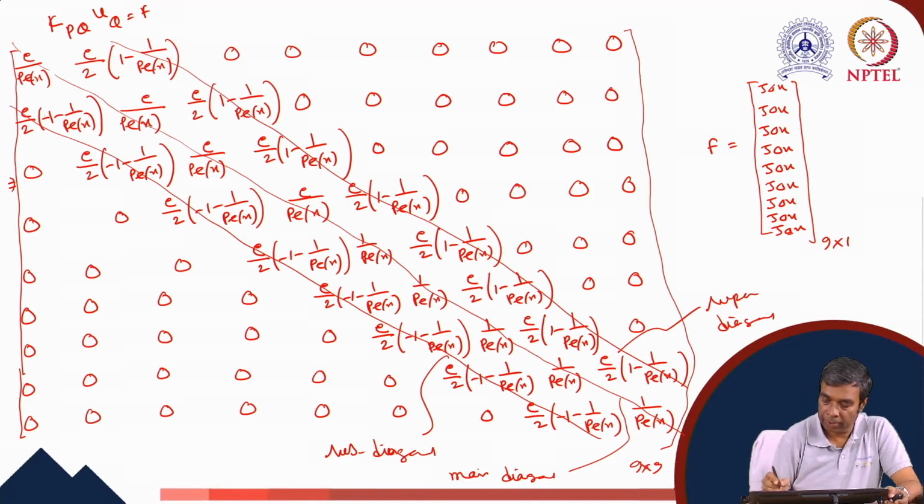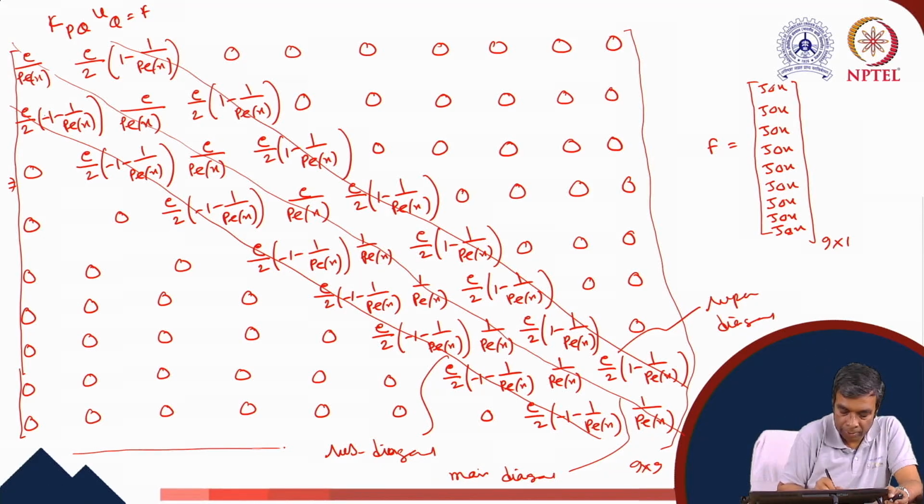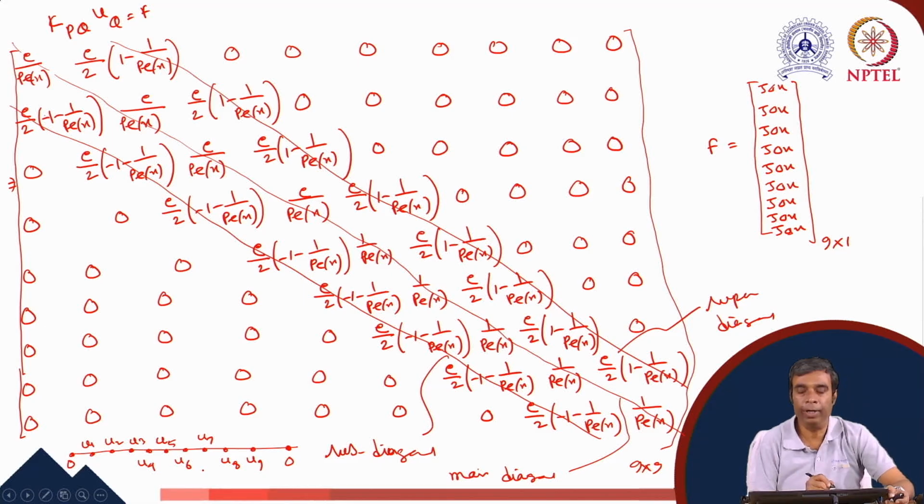Our unknowns are U1, U2, U3, U4, U5, U6, U7, U8, U9. Then here we have 0, and here we have 0. So here we have shown all our degrees of freedom.